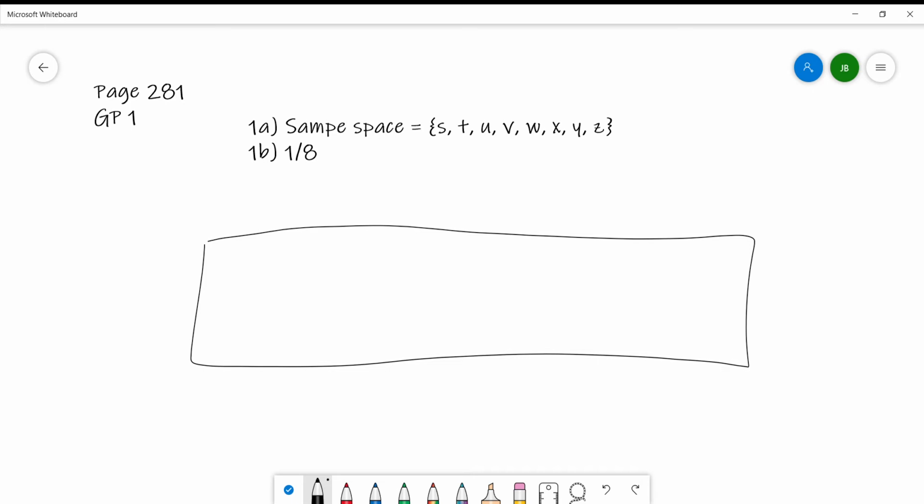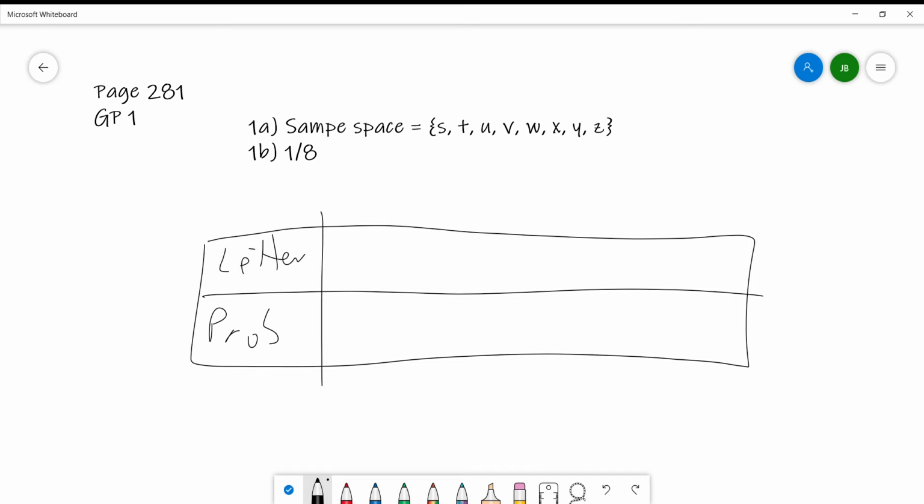So we have the letter and then the probability. So the letter and the probability: there's S, probability is 1/8. There's T, probability is 1/8. And so on. That is the answer to C. The answer to D, you do it in a graph.